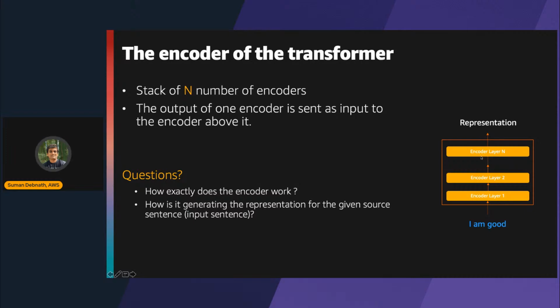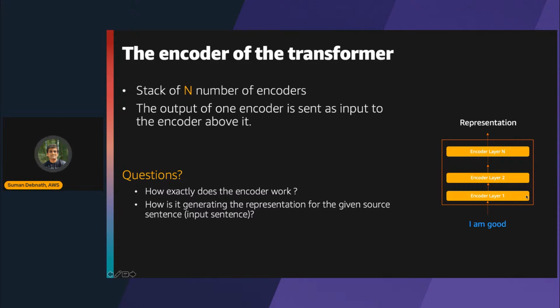In the original transformer paper, I think the number of layers they used is 6 or 9, I do not remember the exact number, but you get the idea, right? So you can have any number of encoder layers within your whole encoder block.